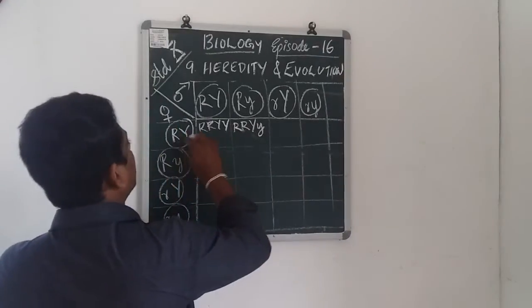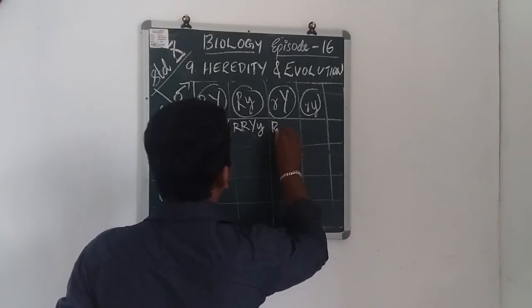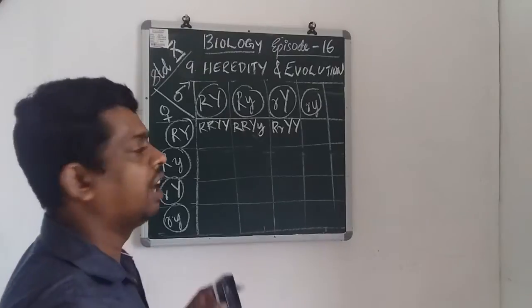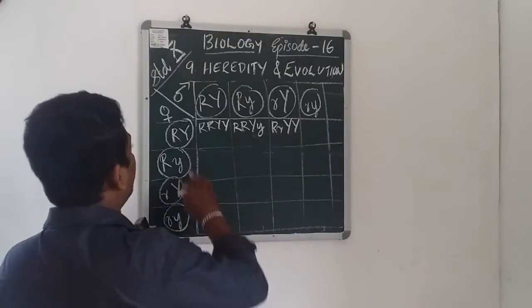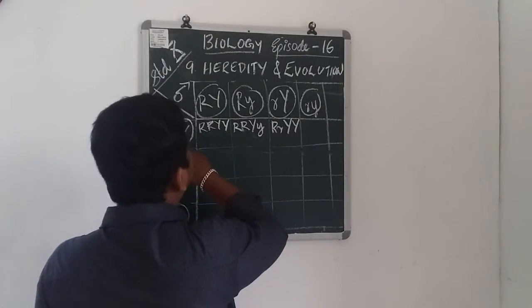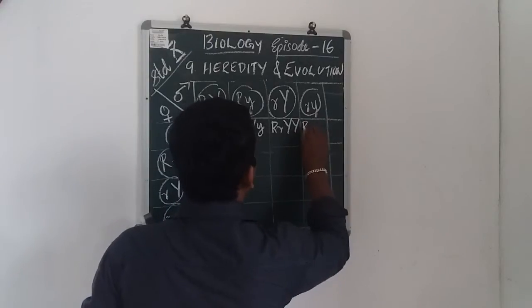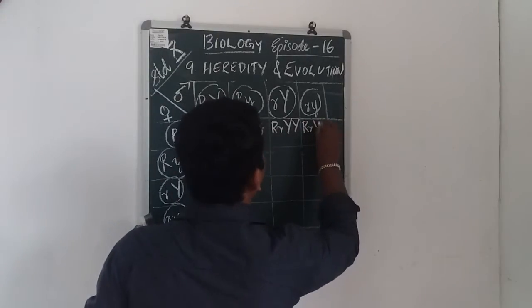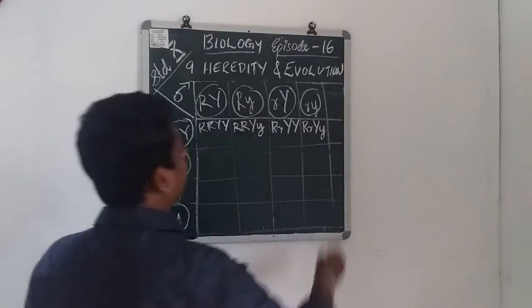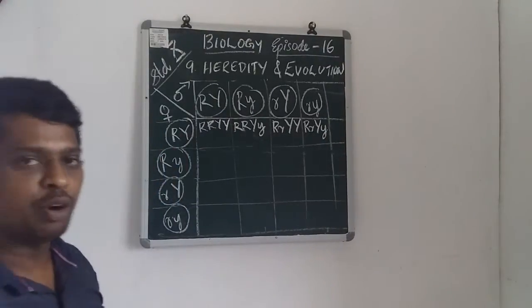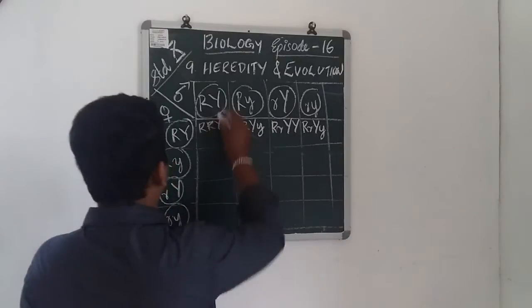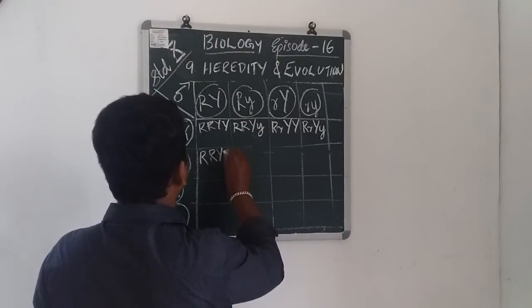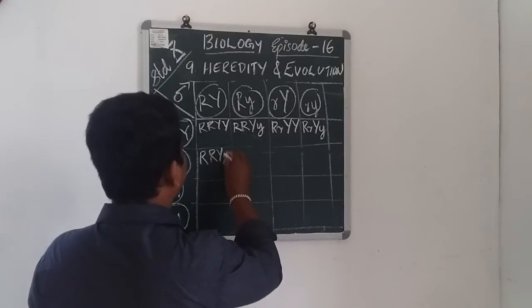Then capital R, small r, capital Y, capital Y; next capital R, small r, capital Y, small y; then capital R, capital R, capital Y, small y.